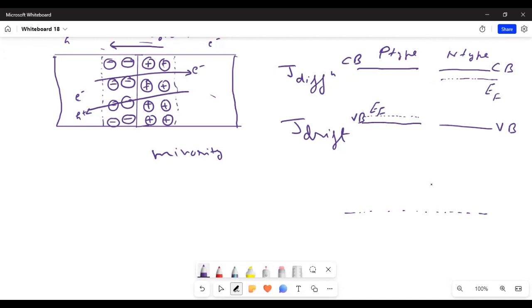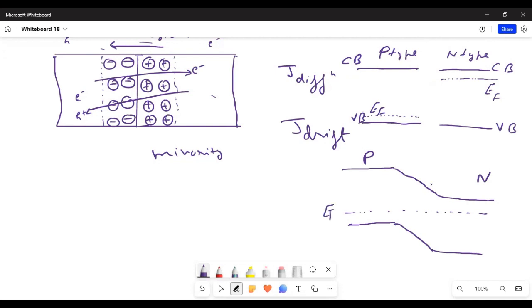So how will it look? Something like they will bend. This is the p side, this is the n side, and that is the equilibrium.